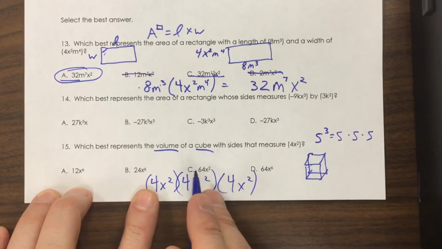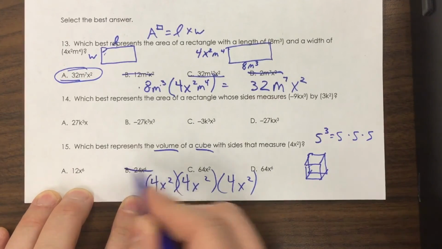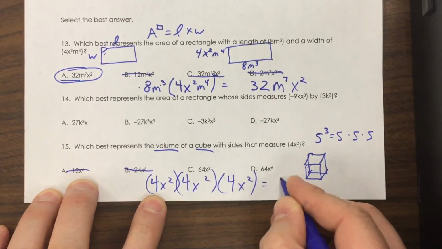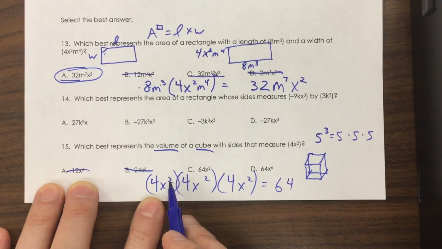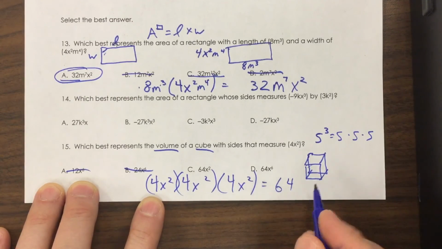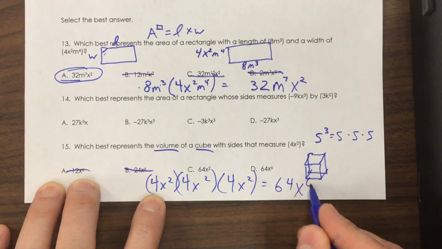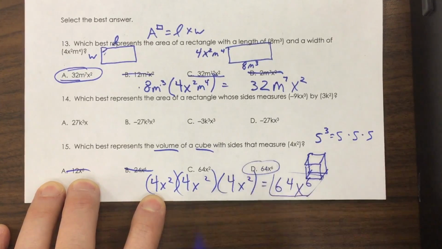Okay, so we're down to either C or D, just by getting 4 times 4 times 4. Now these, we do not multiply. We do 2 plus 2 plus 2. 2, 4, 6. 64x to the 6th is that answer.